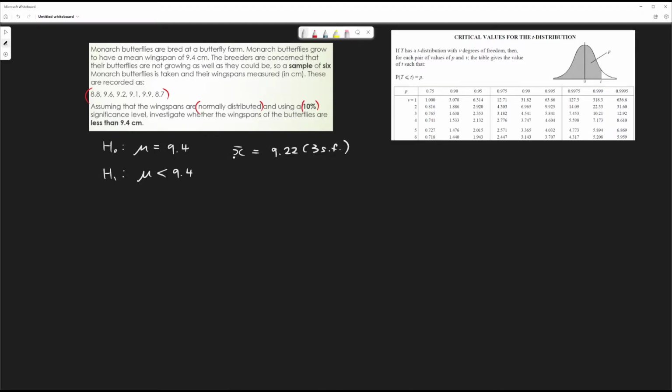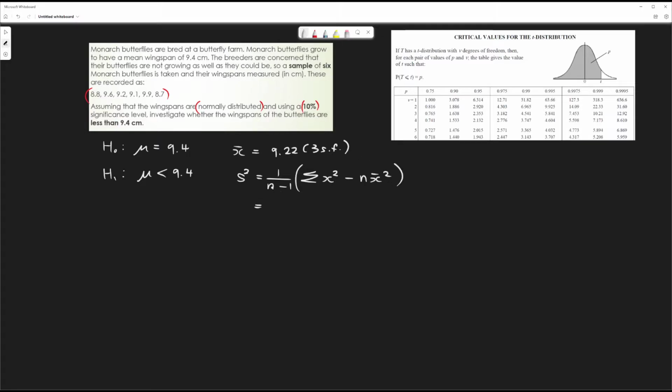And then we also need to work out the estimator for the population variance. Because we do not have the population variance, we need to estimate what the variance is for the population. So we are doing S squared here. S squared is 1 over n minus 1, sum of x squared minus n x bar squared.